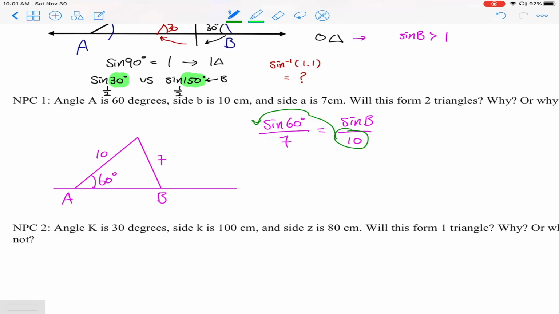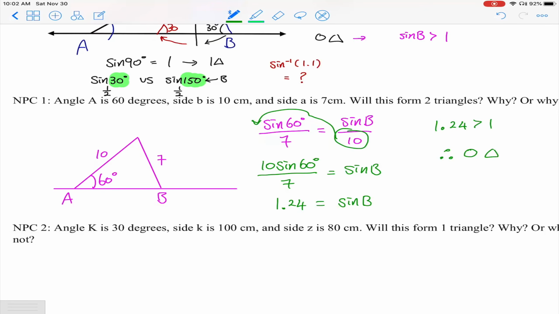So it will be sine 60 times 10, divided by 7, equals sine B. And if you do the calculation, the value of the sine B ratio is 1.24. So this means it's not going to form any triangle. Since 1.24 is greater than 1, therefore 0 triangles are going to be formed.